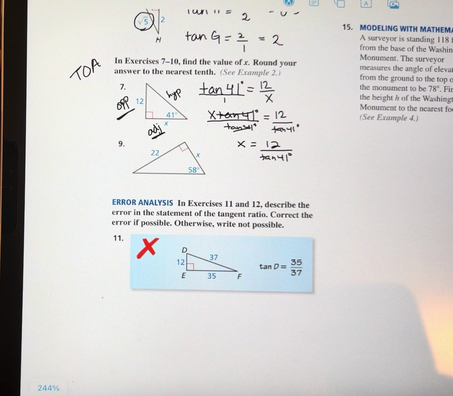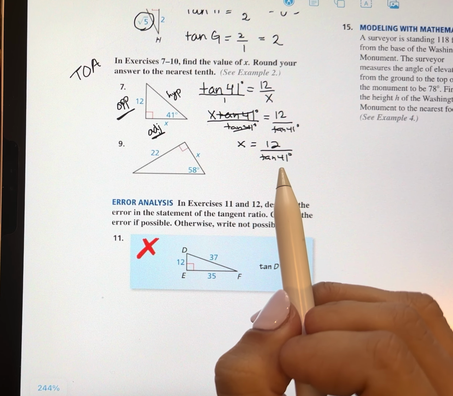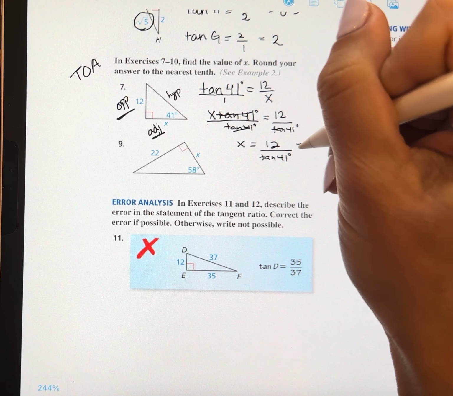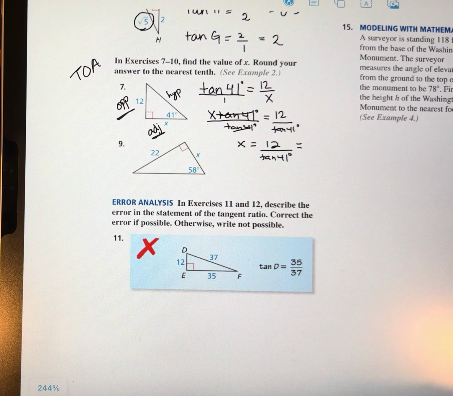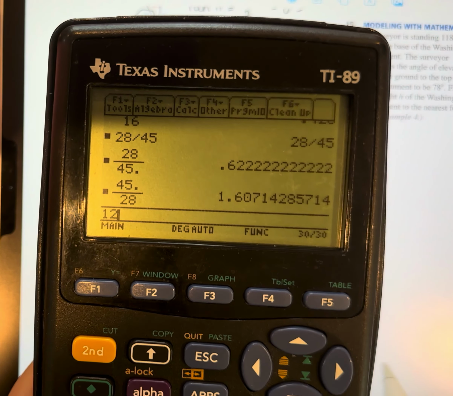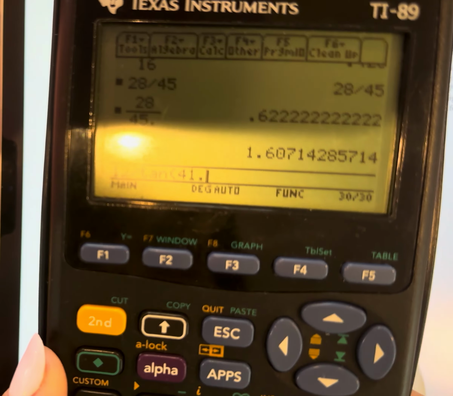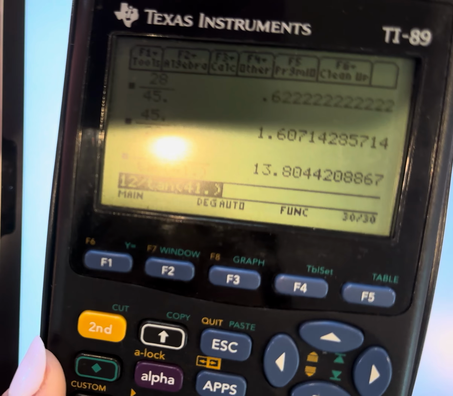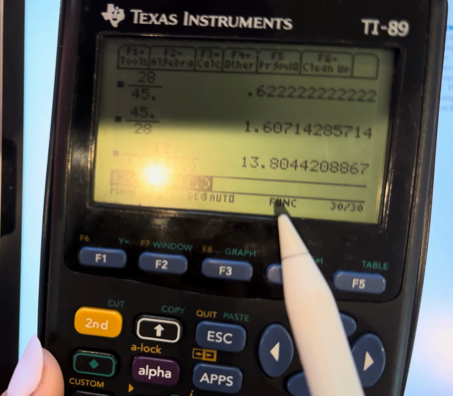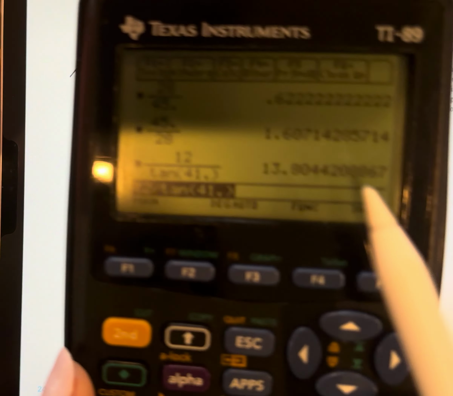Okay, and now this is a problem for my calculator. Nobody is going to be able to calculate this on their own. So we go 12 divided by tangent. Guys, make sure you know how to use your calculator. And it tells me that it's 13 point, what did they say to round to? The tenth. So 13.8.